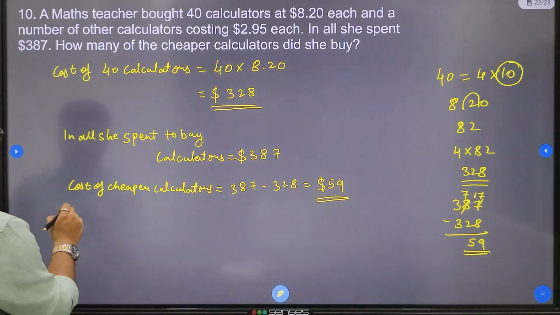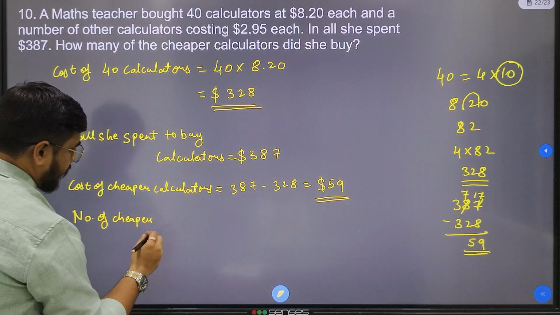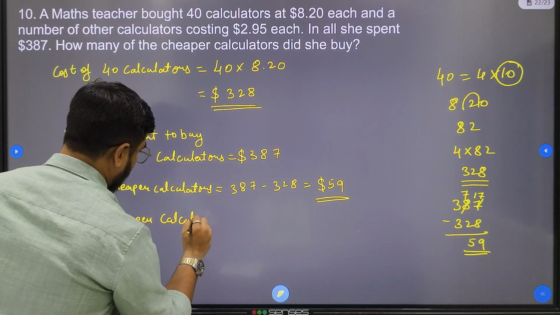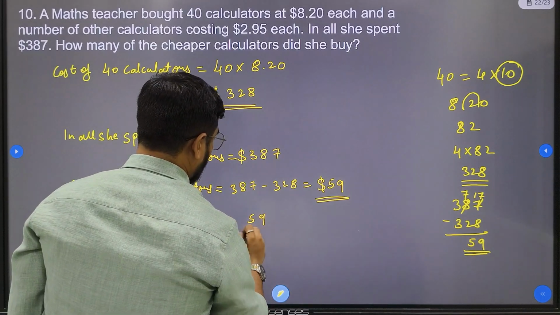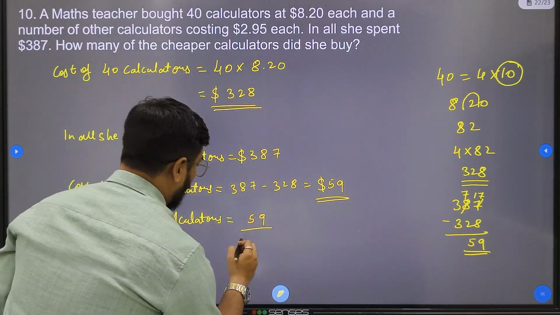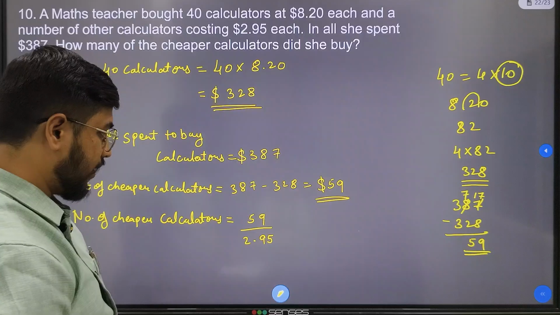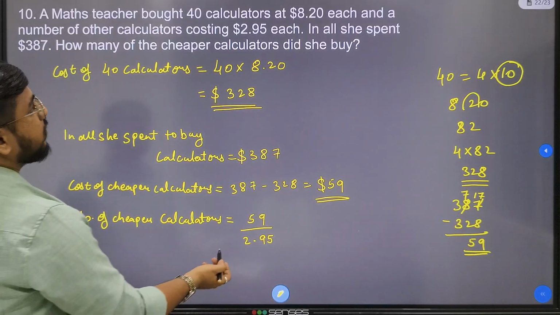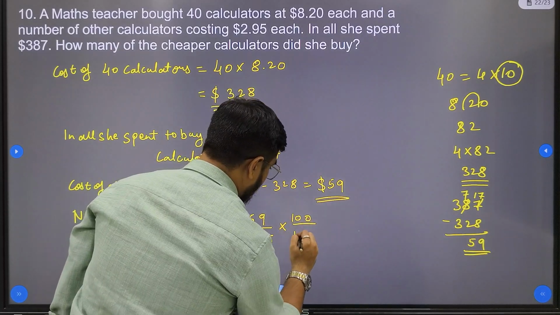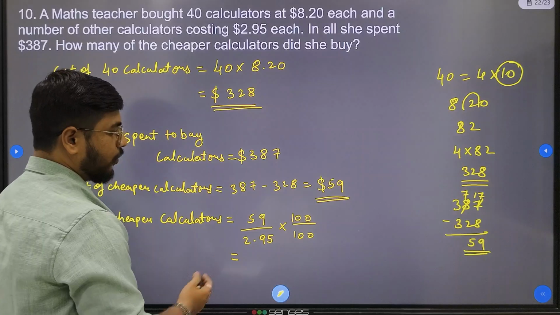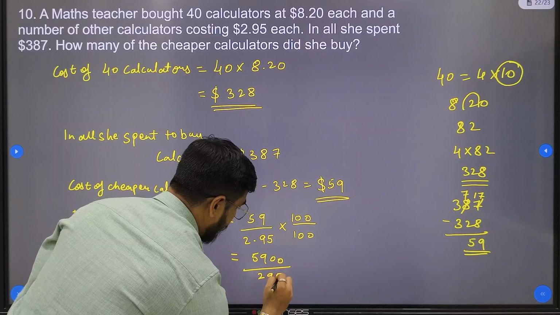So the number of cheaper calculators is the total amount spent on those calculators upon each calculator's cost, that is 2.95. So let's remove the decimal by multiplying the numerator and denominator by 100. So what are we left with? 5900 and 295.